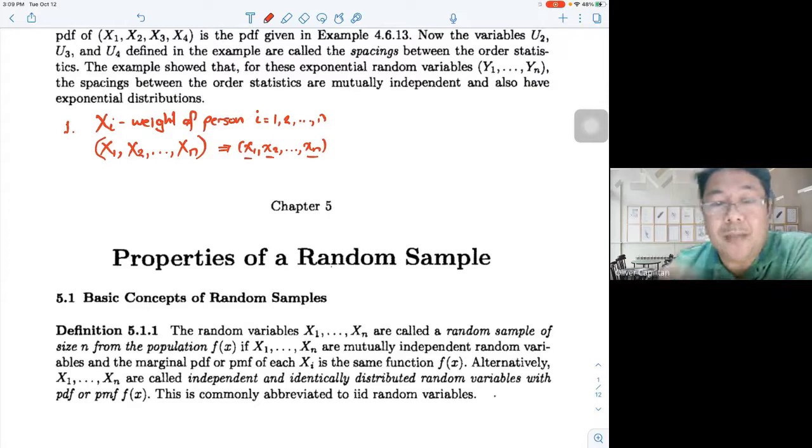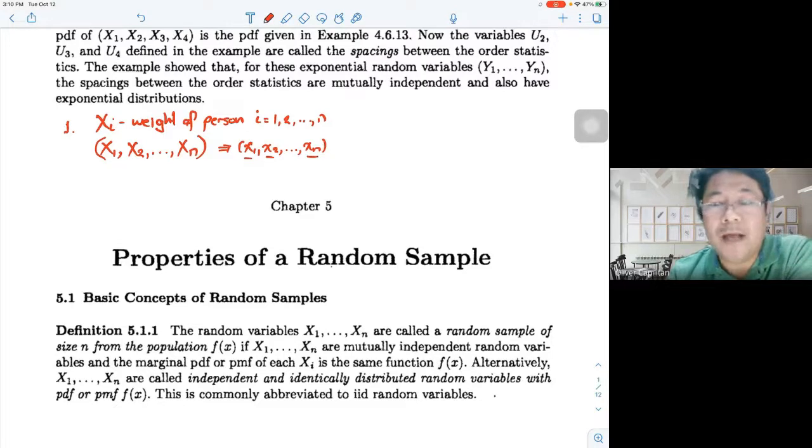So in other words, we obtain our n observations in a sequential manner. But we can also obtain our n observations in a simultaneous manner. That means from our population, we get n people, label the first person as x sub 1 and the nth person as x sub n, and then determine the weight of each person.